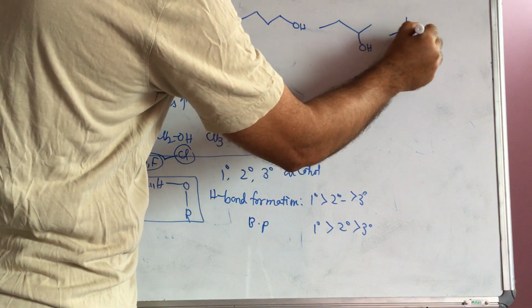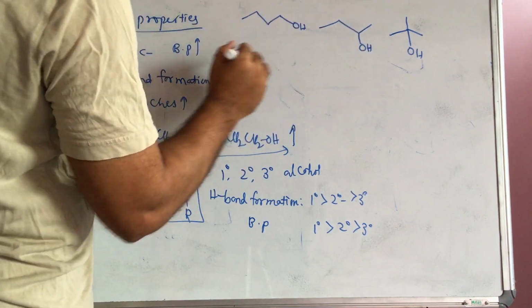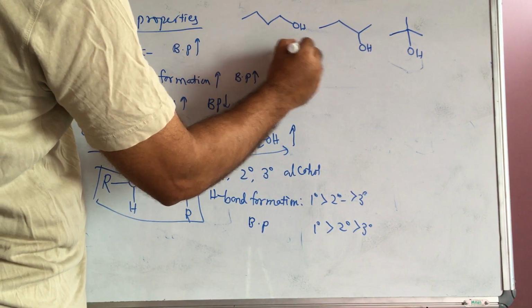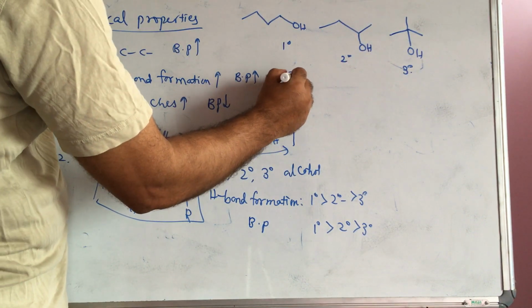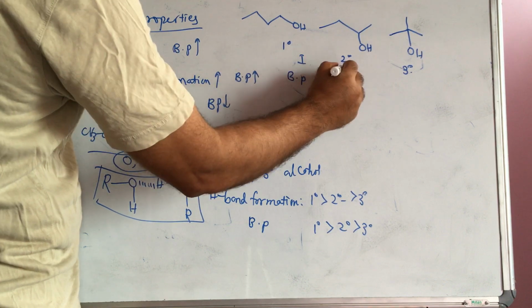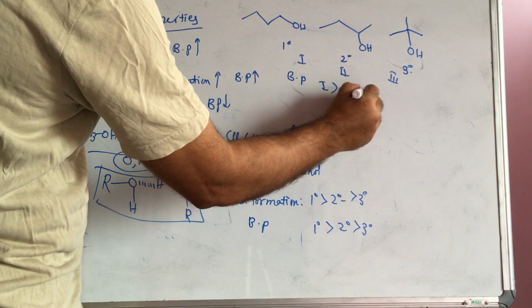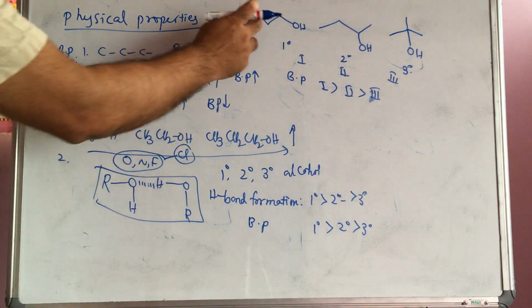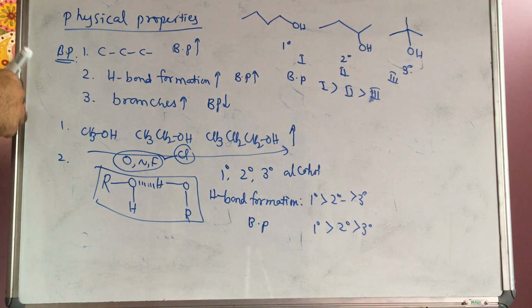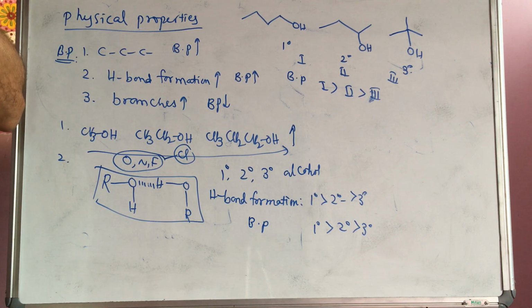How many carbons? 1, 2, 3, 4. 1, 2, 3, 4. Then this is primary alcohol, secondary alcohol, tertiary alcohol. If they ask the boiling point order, this is 1, this is 2, this is 3, then 1 is greater than 2 is greater than 3. Because hydrogen bond formation is more in primary than in secondary than in tertiary. When side groups increase, they hinder the formation of hydrogen bonds.